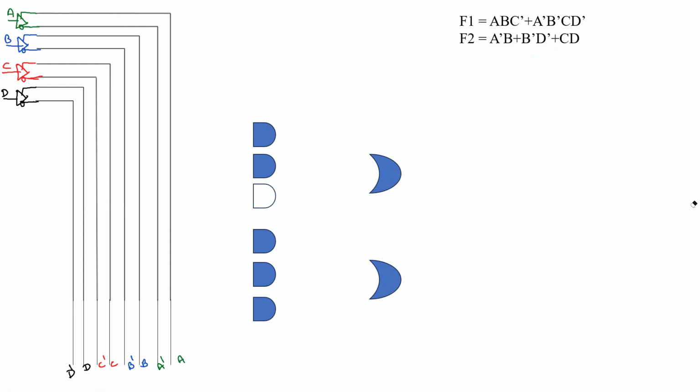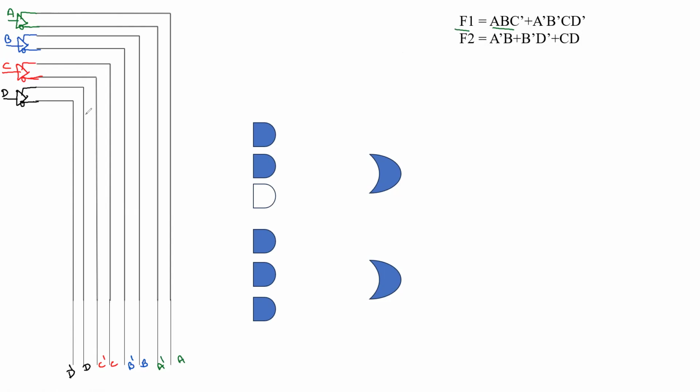array diagrams. So the first part is what here? That is the programmable AND array, whereas the OR array is the fixed one. Since it is programmable, for the function F1 we see that two product terms are there, A B C dash, and A dash B dash C D dash.